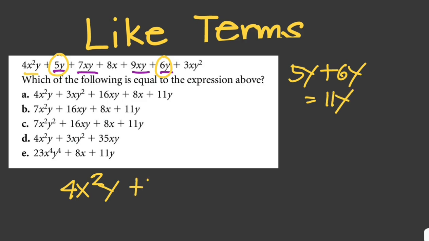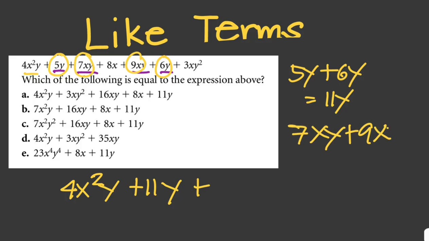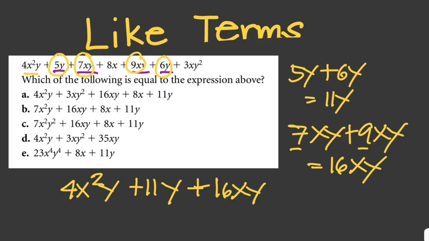So plus 11y. Then we combine 7xy and 9xy. They are like terms, so we just add up the coefficients 7 and 9, which is 16. So this is plus 16xy. Then we copy the rest of the terms, 8x plus 3xy squared.